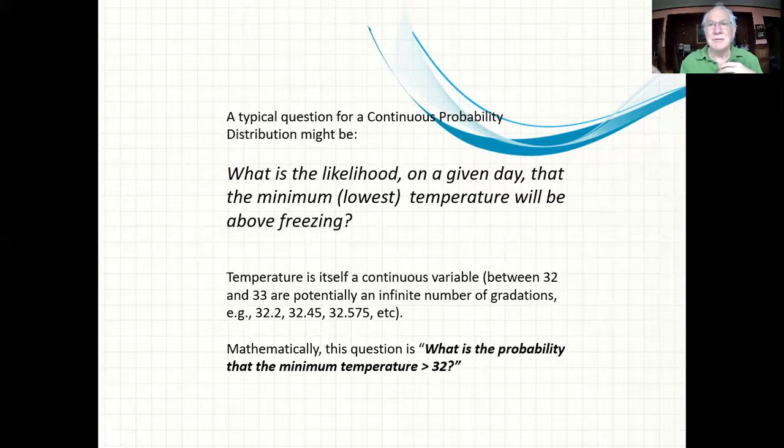Temperature is one of those continuous variables in which there are an infinite number of gradations depending on the sensitivity of your measuring device. It's a really good continuous variable for that kind of stuff. What we're looking at here is the probability of a temperature being greater than 32 on a given day.